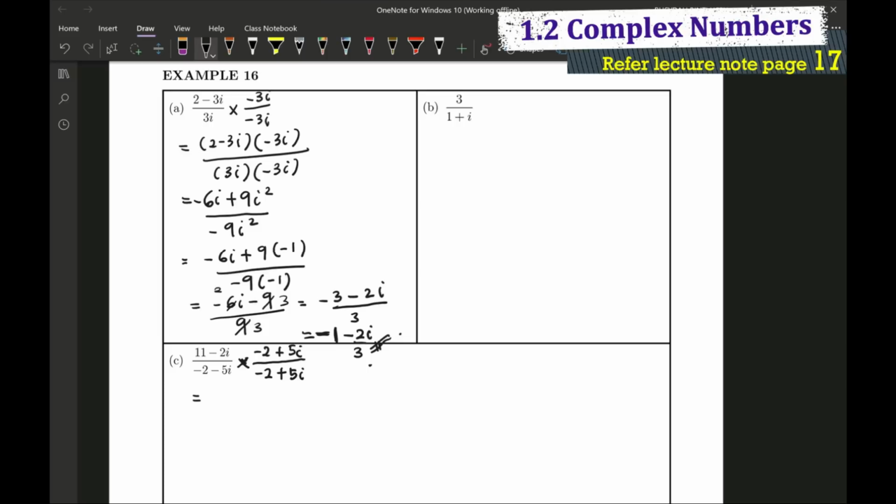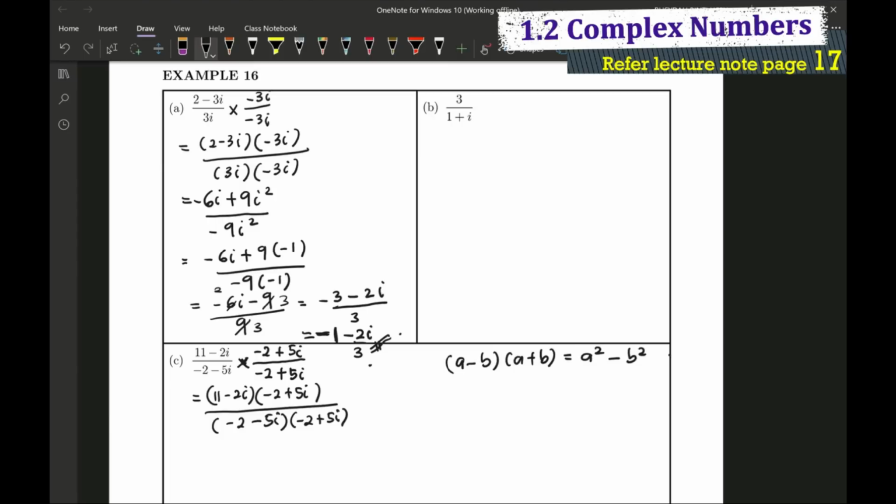So this one will become 11 minus 2i times negative 2 plus 5i over negative 2 minus 5i multiplied by negative 2 plus 5i. For a conjugate, we still use the formula whereby a minus b multiplied by a plus b equals a squared minus b squared.